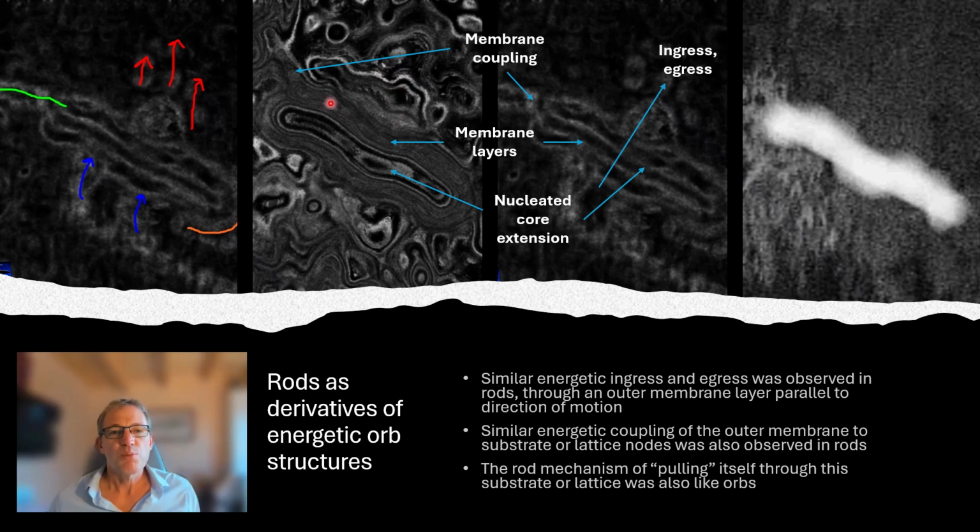And during that, it's processed through the membrane layers, and then couples with the toroidal vortex inside and the nucleated core as a mechanism of motion.